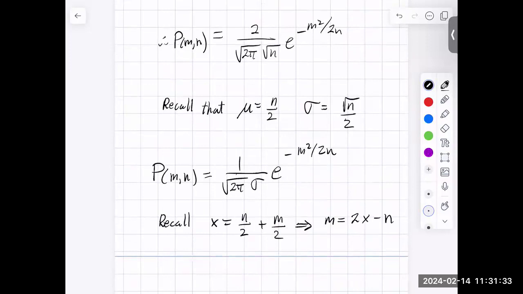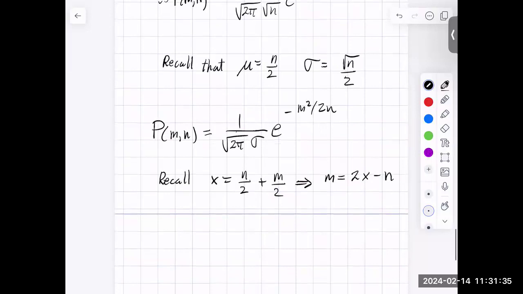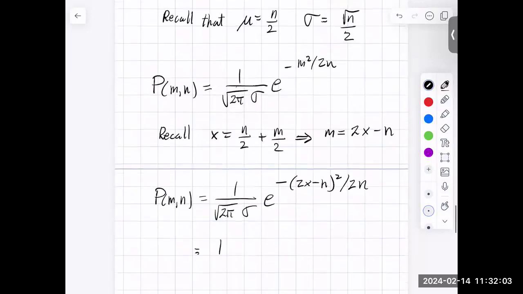Okay. So our probability is then going to be equal to 1 over root 2 pi sigma. So that's all good. E to the, all right, what are we going to end up with? m squared. So it's going to be minus 2x minus n squared divided by 2n. Okay.